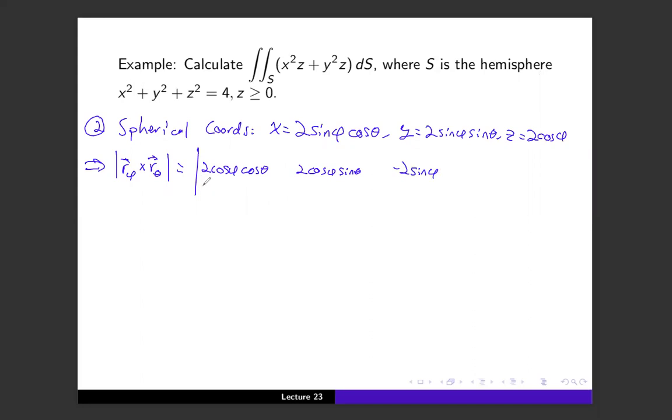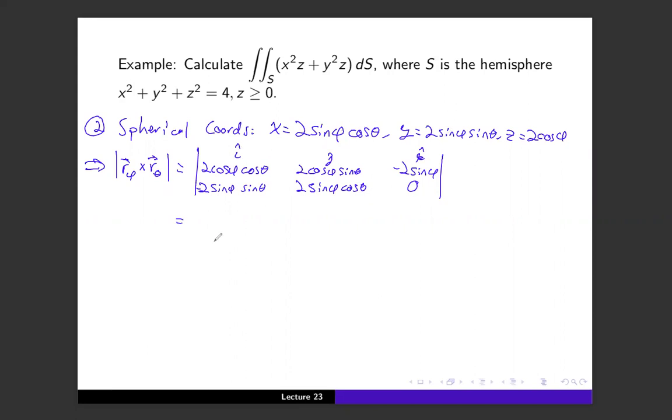On the other hand, you can write negative 2 sine phi sine theta, 2 sine phi cosine theta, 0. Personally, I like writing the ijk at the end because these can be kind of long entries. So what does this come out to?